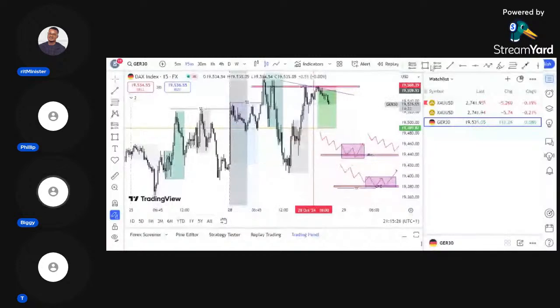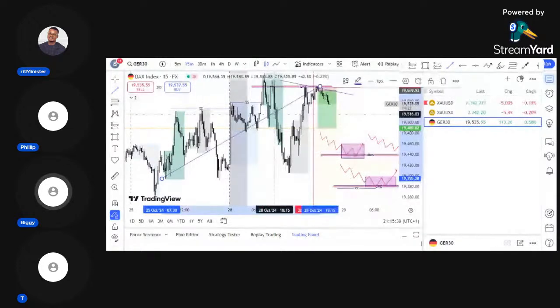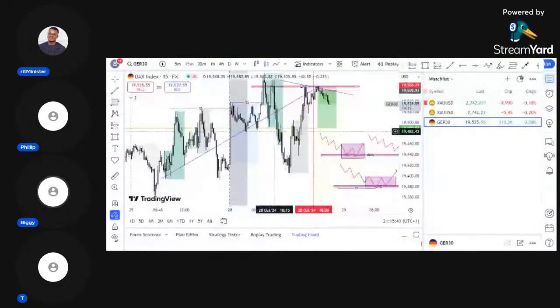And then you can see that we also have a flipping trend line at this point. We had a flipping trend line at this point, where we had one touch here. The market touched at this point, respected here, and then the market broke the trend line.